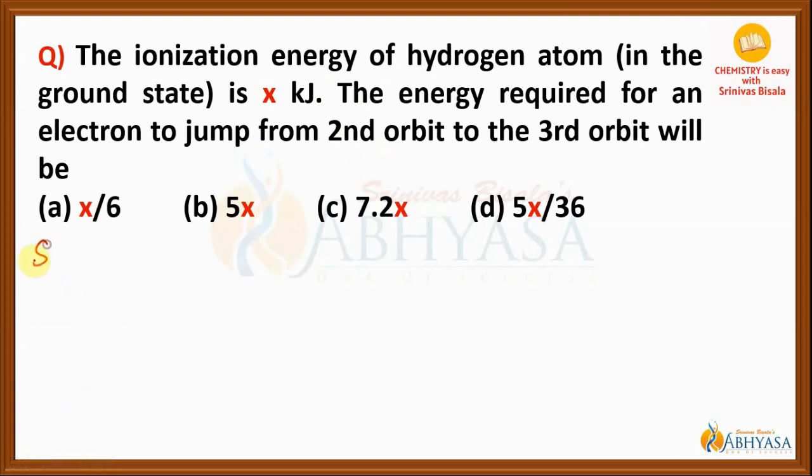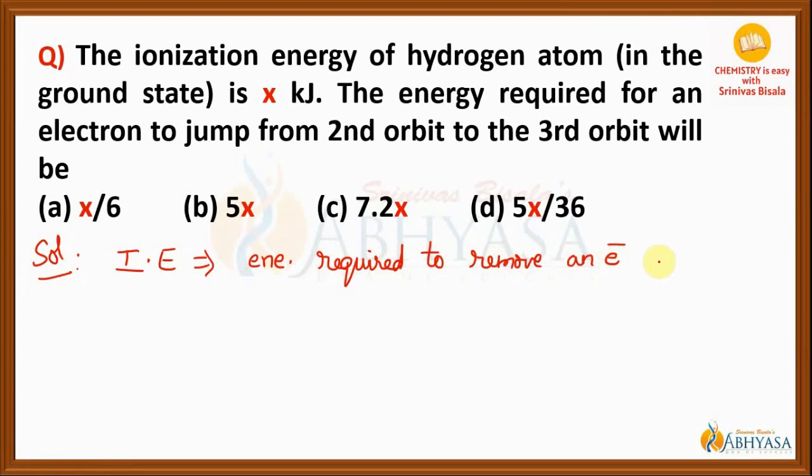First, let us understand what is the meaning of ionization energy. Ionization energy is nothing but the amount of energy required to remove an electron from the outermost orbit of an atom.